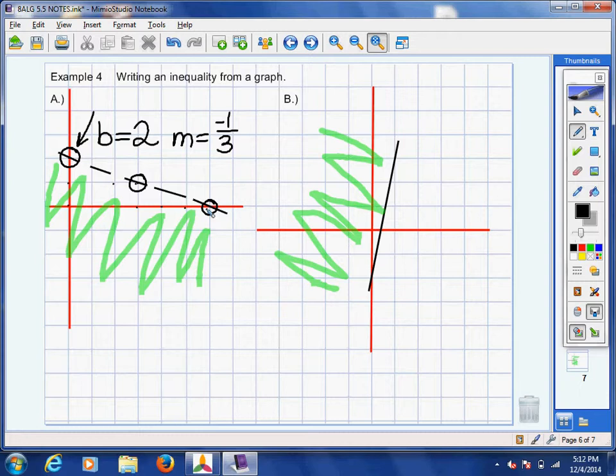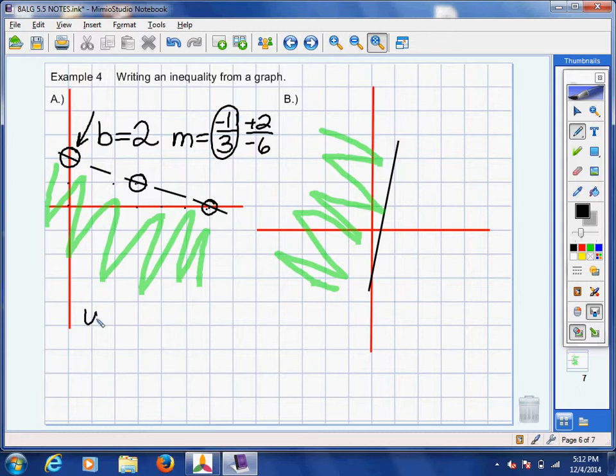Or you could start at the lowest one here on the x-axis and go up 2, left 1, 2, 3, 4, 5, 6. So up 2, left 6 is the same thing as -1/3 reduced. Okay? So once you have the slope, and once you have the y-intercept, you're good to go.